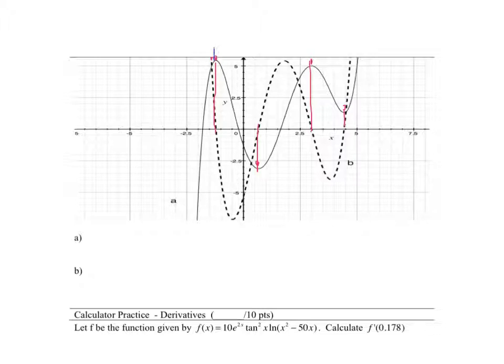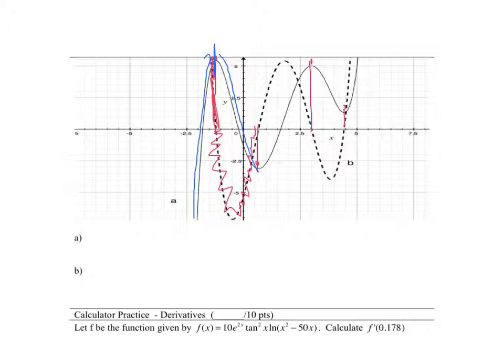At first, A is increasing, and at first, B is positive. Cool, that makes sense. After that, A is decreasing down to about there, and during that time, B is negative. Okay, that makes sense.